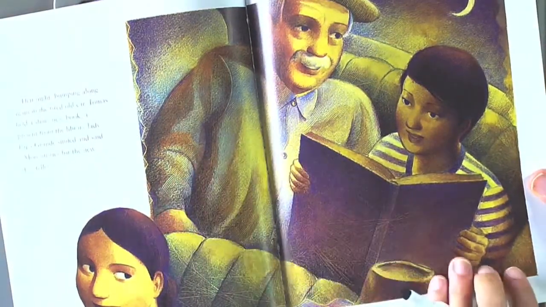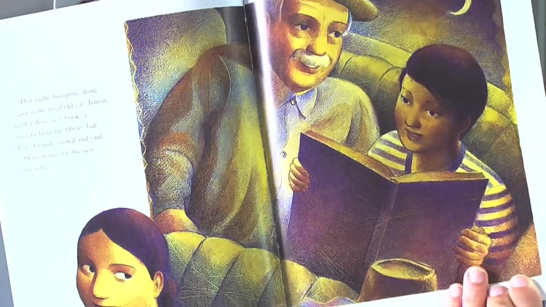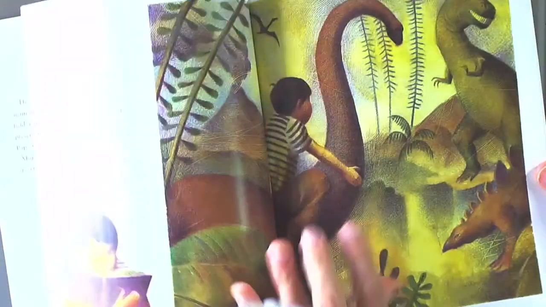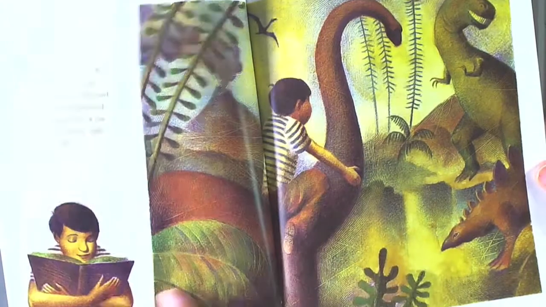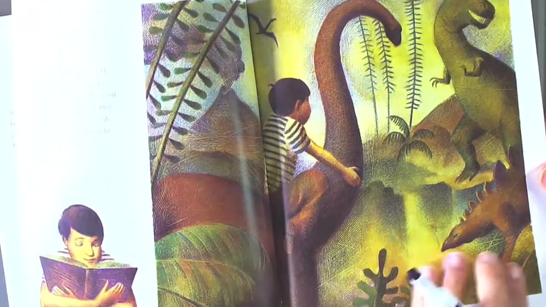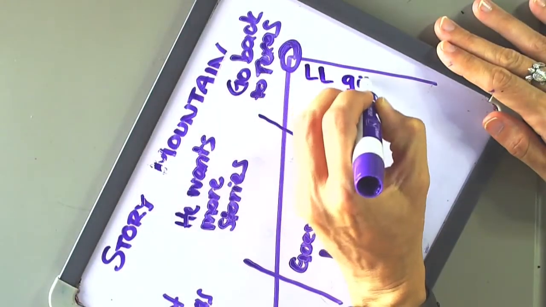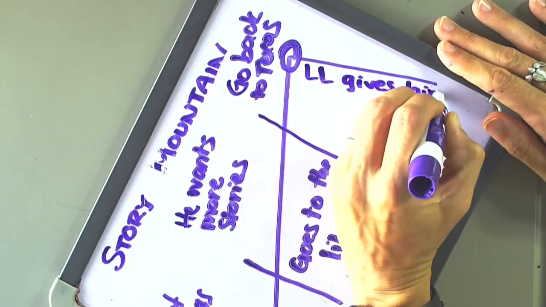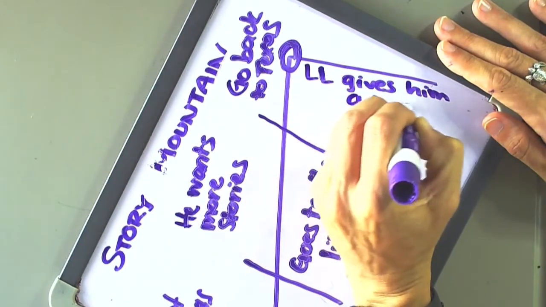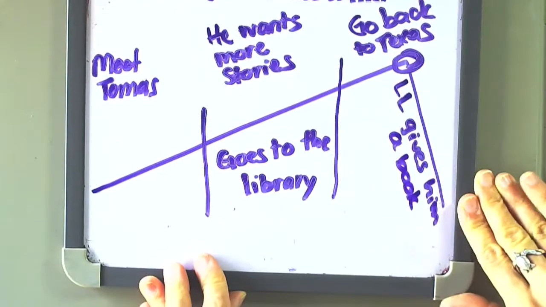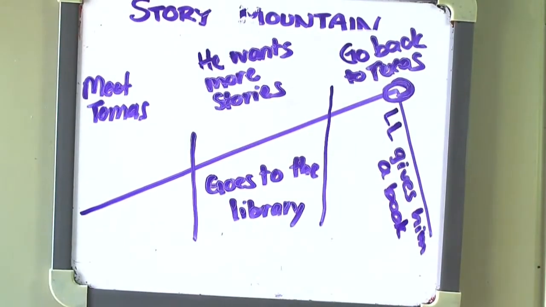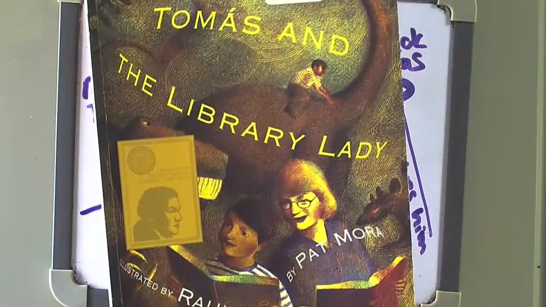And so at the end of the story, you see him traveling in the car with his special book from his library lady, and he still gets to experience this love of books, right? So the solution here is library lady gives him a book. Okay, so this is kind of what the story mountain looks like in this book, Tomas and the Library Lady.